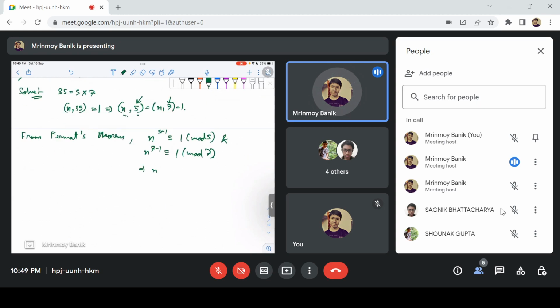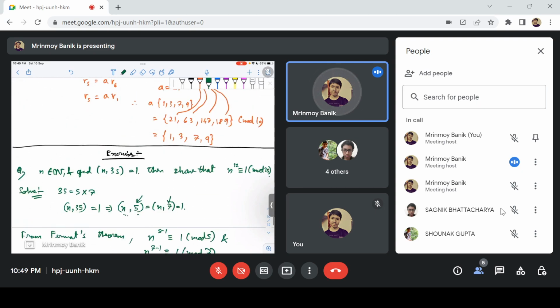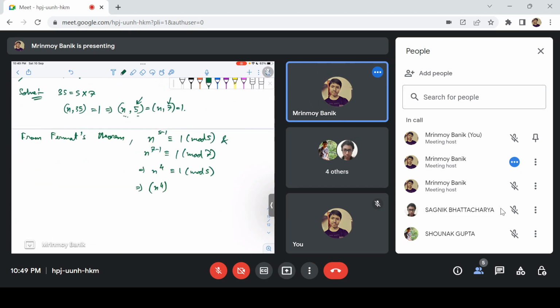Now that means n power 4 is 1 mod 5, and here we have 12, so whole power 3, so 1 mod 5. Similarly, n power 6 is 1 mod 7. So taking the square, we have n power 12, n power 6 squared, 1 squared, 1 mod 7.